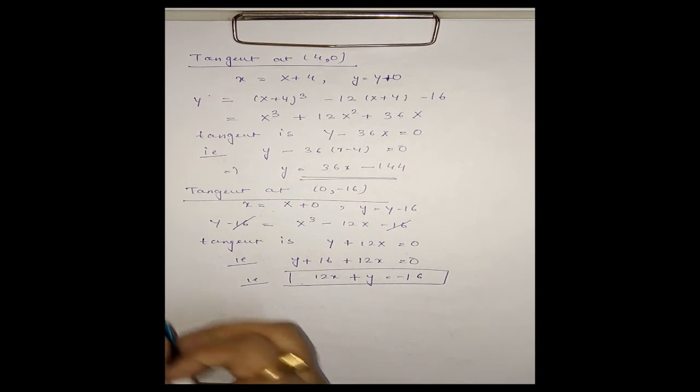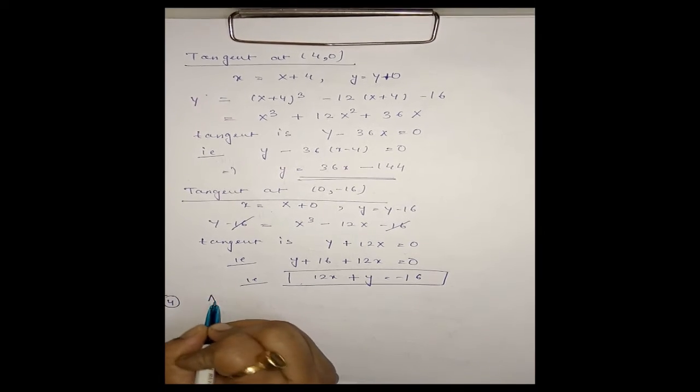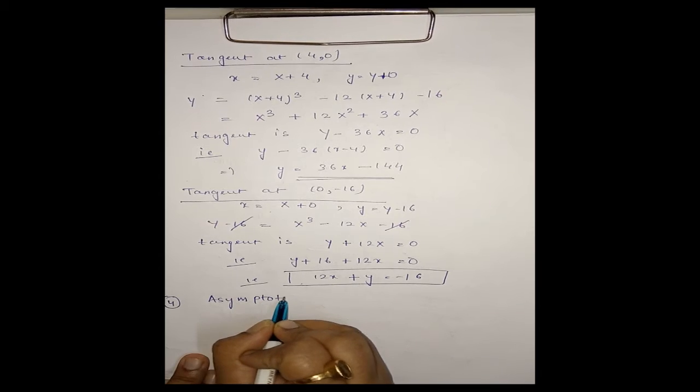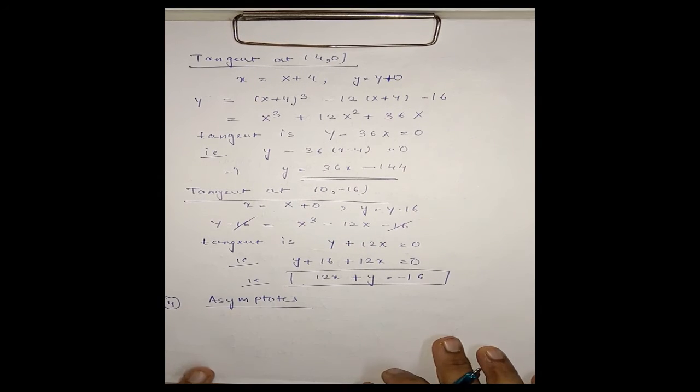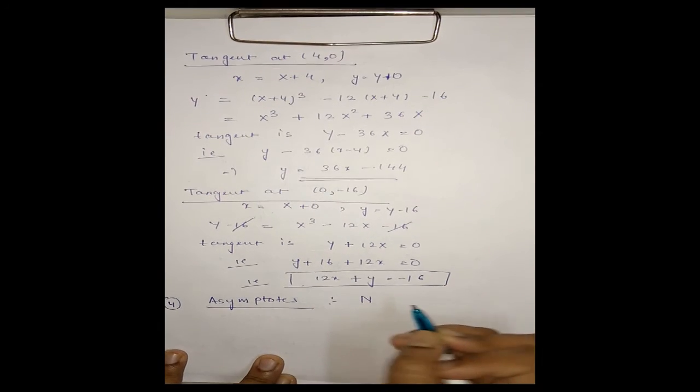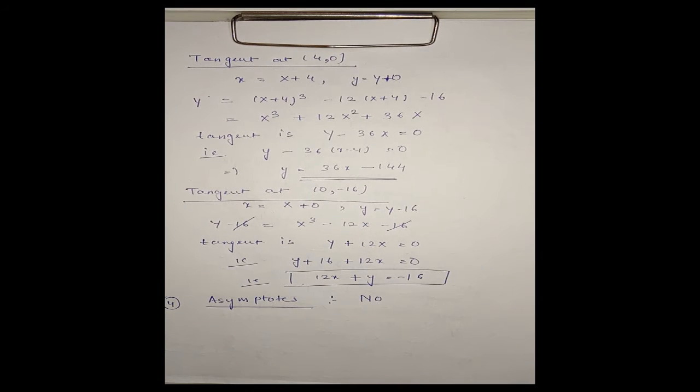Okay. Next step, the fourth, is asymptotes. Now the highest degree in the equation is 3. That means we have to start with phi 3 of m, and phi 3 of m is 1. So we get a constant, no equation in m, therefore no asymptote.